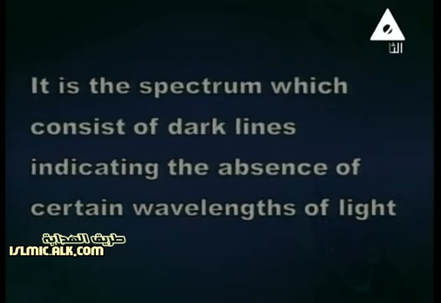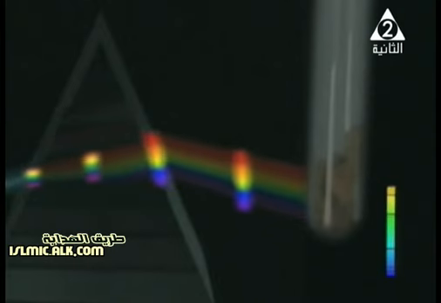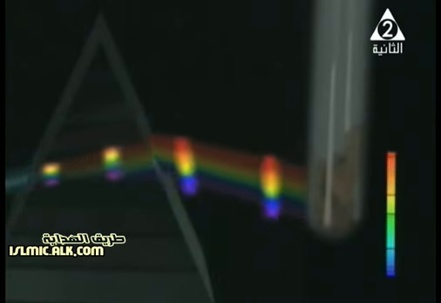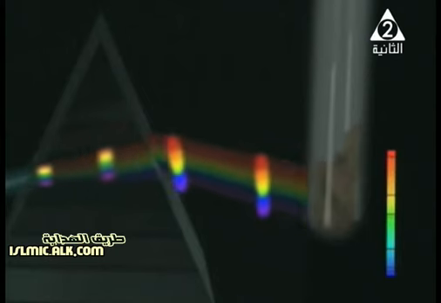So it is exactly the opposite of the bright line. Once again, it is the spectrum which consists of dark lines indicating the absence of certain wavelengths of light against the bright colored background of a continuous spectrum.